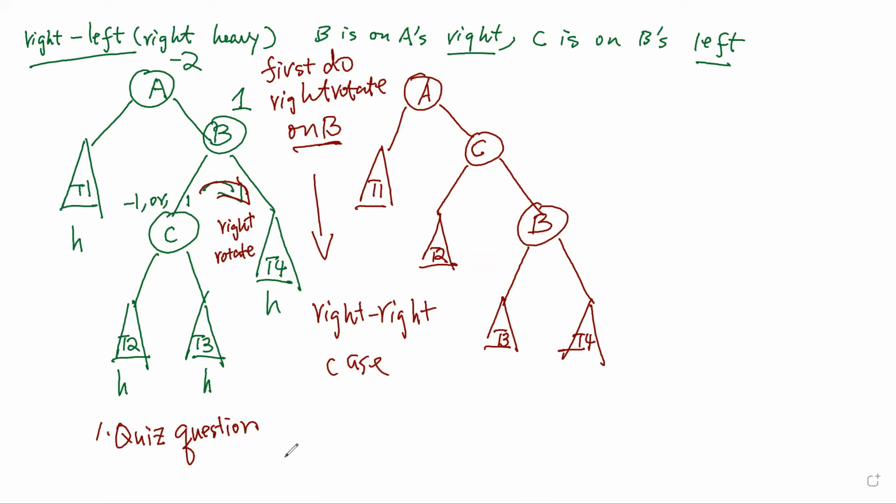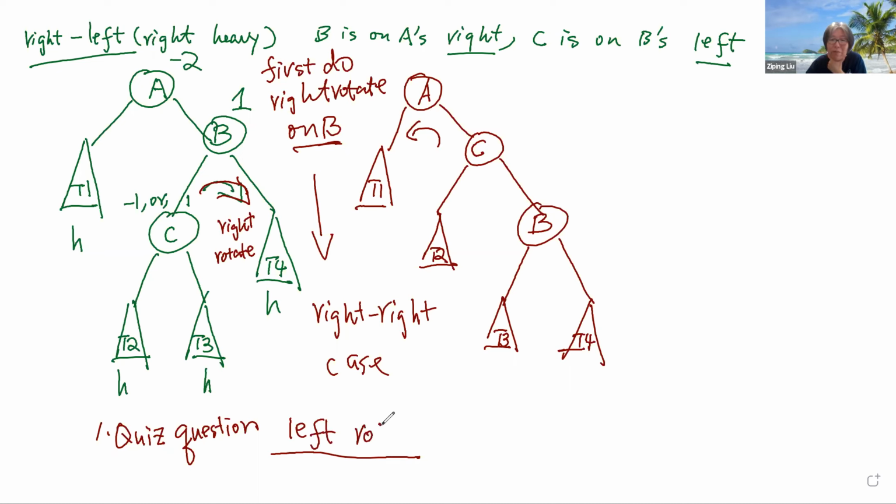So first we choose C to be the new root, and second T2 goes to A's right child. Basically we will left rotate A.